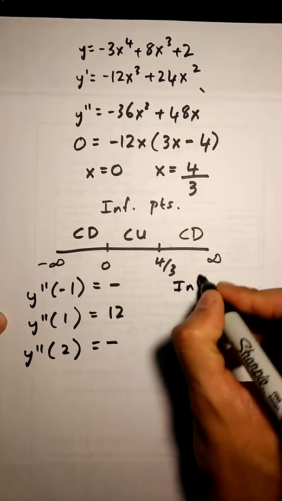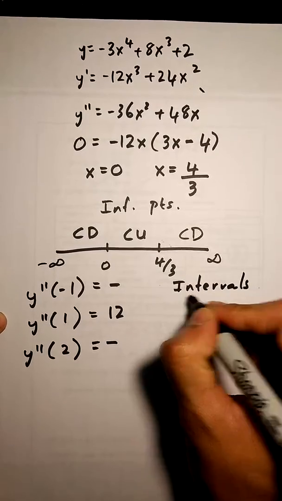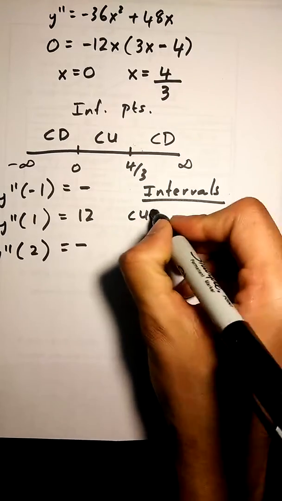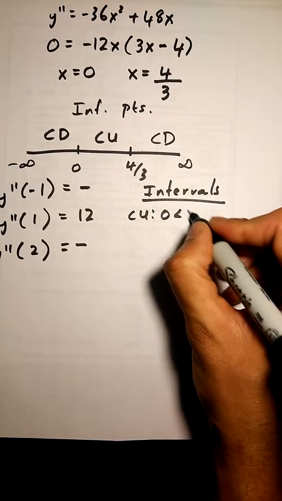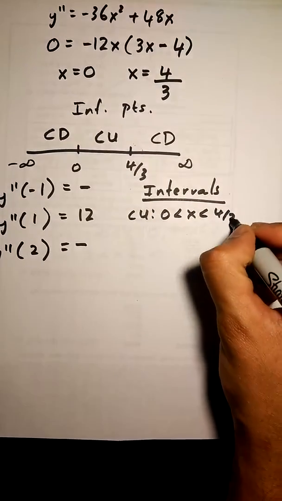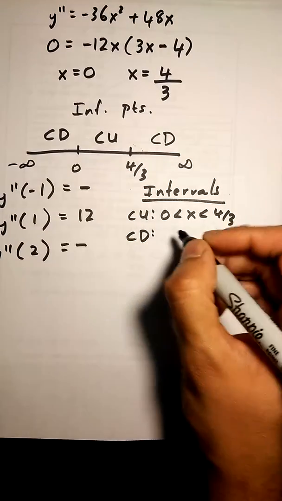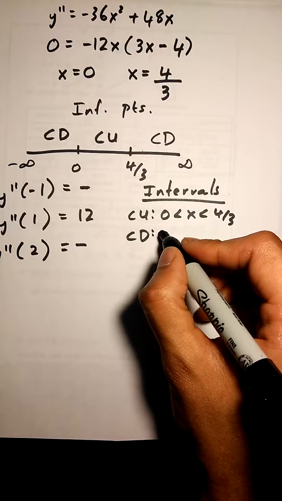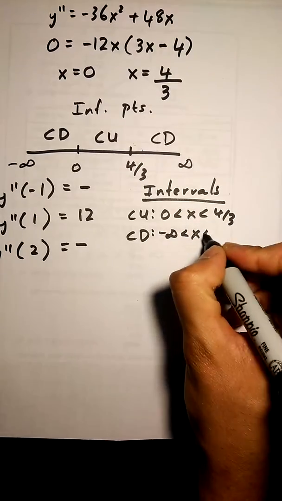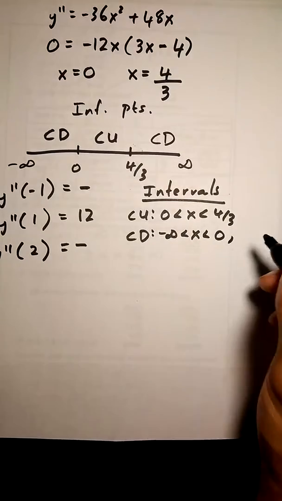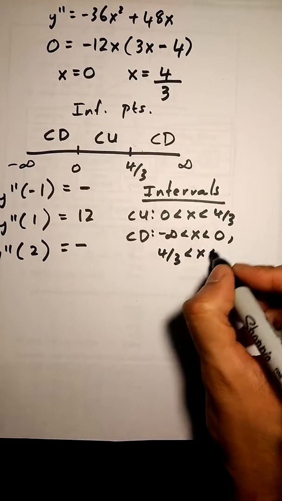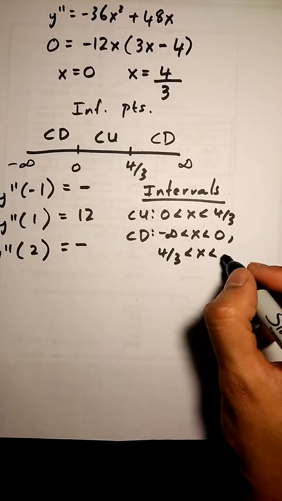So if I wrote my intervals here, concave up, we just have one interval. Two intervals for concave down.